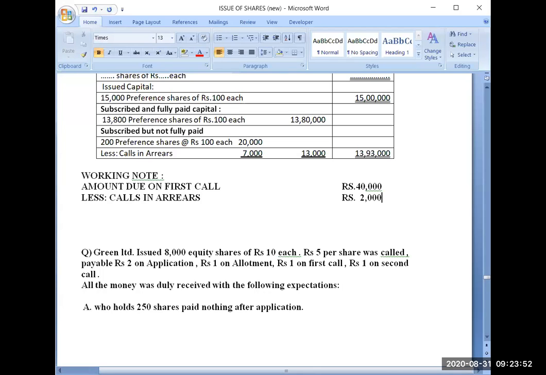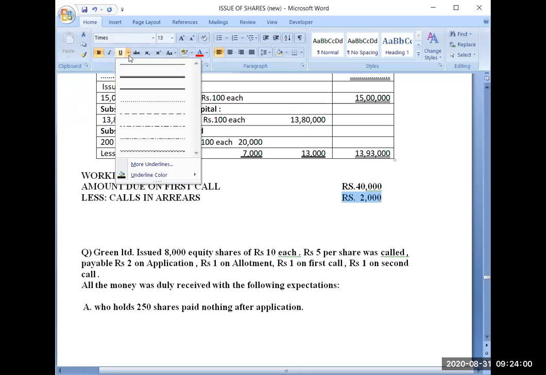So finally, I have received how much? Why will we not make calls in arrears account? We can open it, but right now I'm not opening. Later on, I will show you that also.